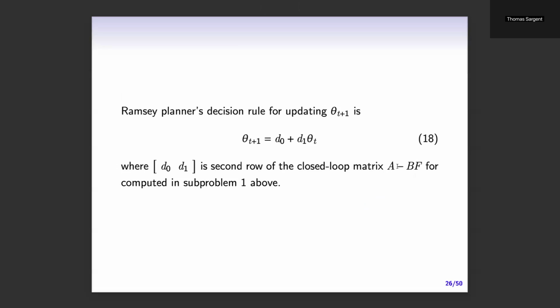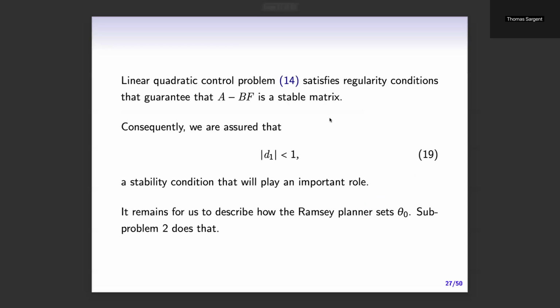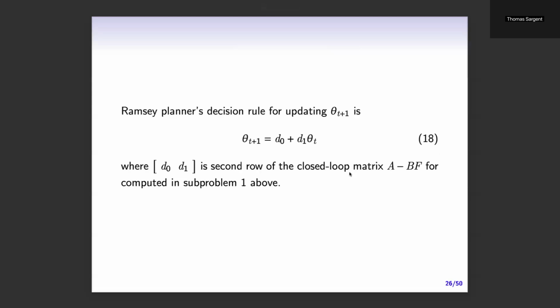That's easy. We just compute a minus bf, as we usually do when we're computing a closed loop for linear quadratic dynamic programming. And then the only thing that's left for us, just like before, is we have to have the Ramsey. So we've solved the continuation Ramsey plan. We know what the continuation Ramsey plan is. Got that updating rule.